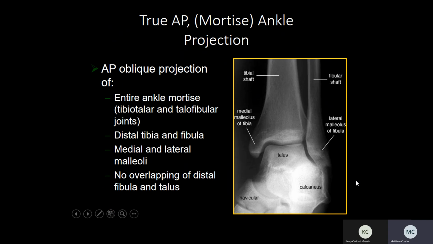So as you guys can see, a lot clearer representation at the distal tibia and fibula. I can really see that mortise joint well. That's why it's called the mortise view. What I'll tell you is that the mortise view is good for viewing a lot of different structures. Obviously, if I have a lateral malleolus fracture, I'm going to be able to see that. However, if I want to view the mortise joint, I want to use a mortise view. Okay? Pretty simple.